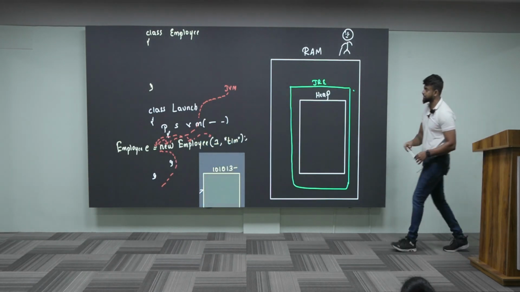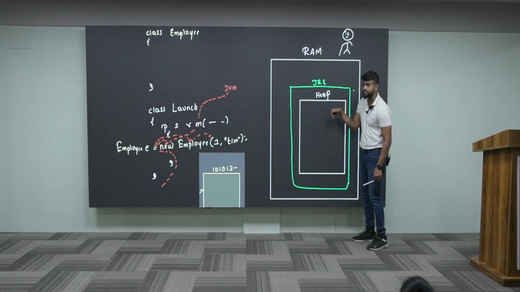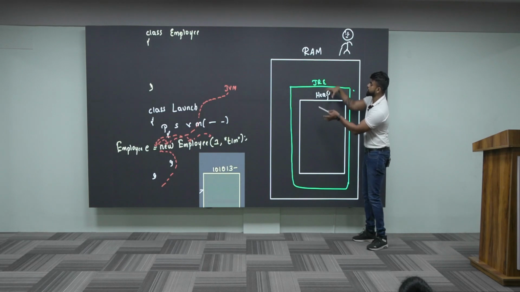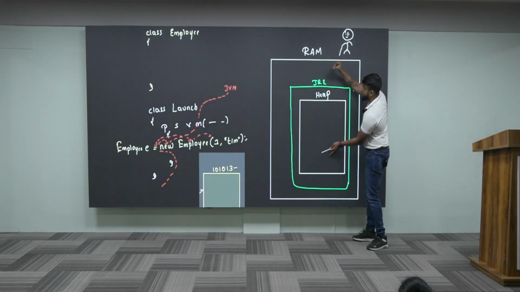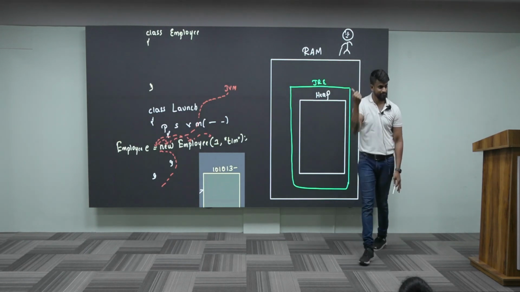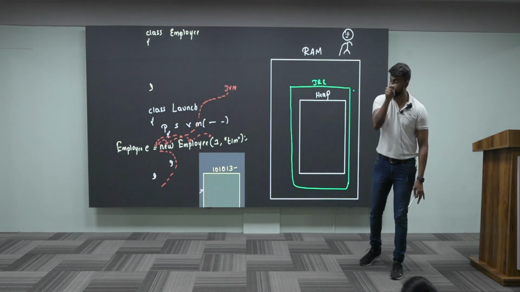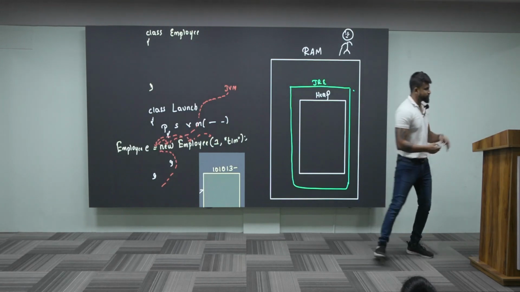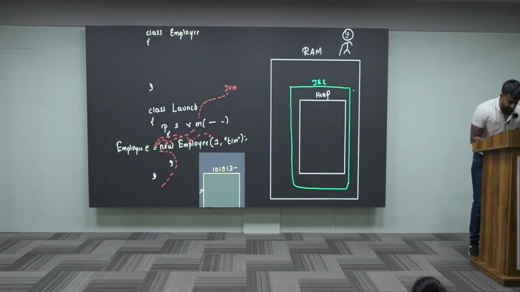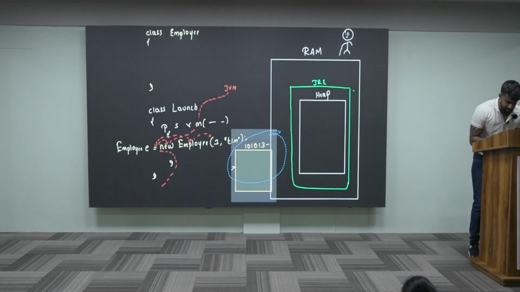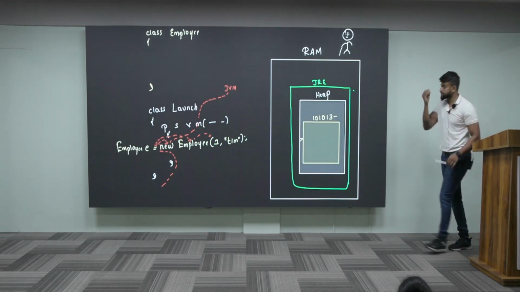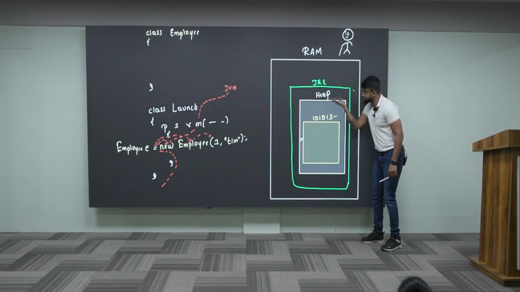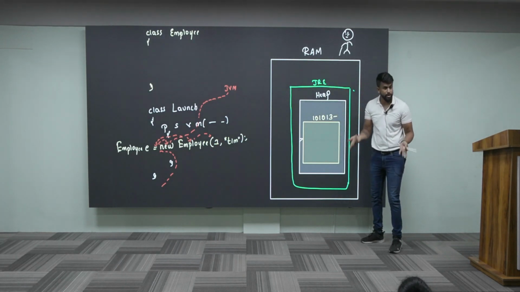Why is that, sir? Because RAM is the temporary memory. When your program is executing, a lot of things will go on adding. But when the program terminates, whatever you have inside the RAM, everything will get deleted. Yes or no? Now think and tell me, is this object a temporary object or a permanent object? He is temporary. Why? He is there in the RAM. That is why he is a temporary object.